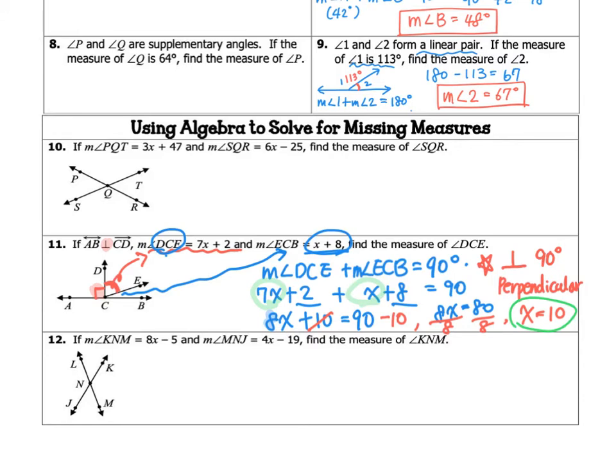Now let's plug x equals 10 into our angle DCE. So 7 times what? That's right, 7 times 10 plus 2, that will be 72. So the measure of angle DCE is 72 degrees.